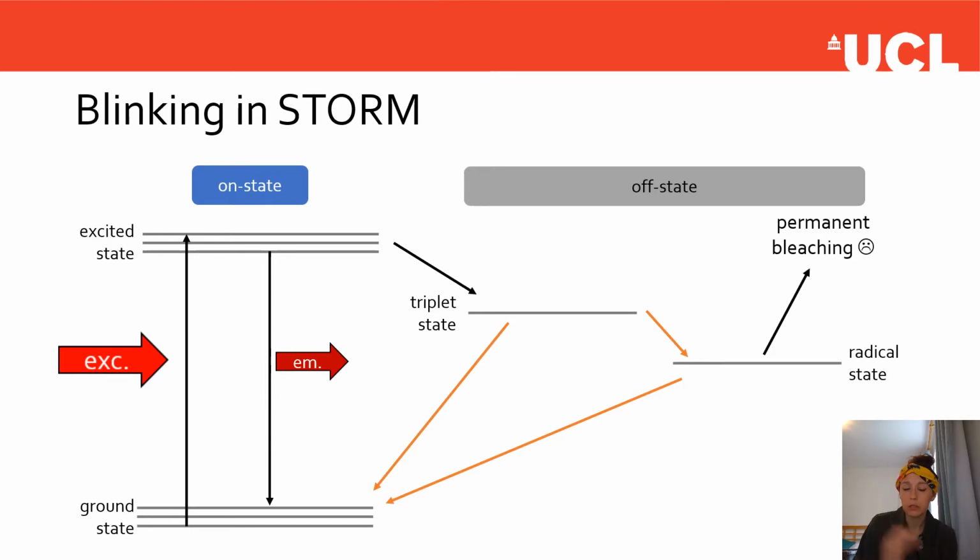We knock our molecules into the triplet state, and from here they can undergo some more transitions. Within the triplet state, they can go to a radical state, and from that radical state they can actually undergo permanent bleaching. You've broken your molecule. Alternatively, you can try and bring the molecule back to the singlet state, and that's via chemically mediated transitions, normally with buffering.